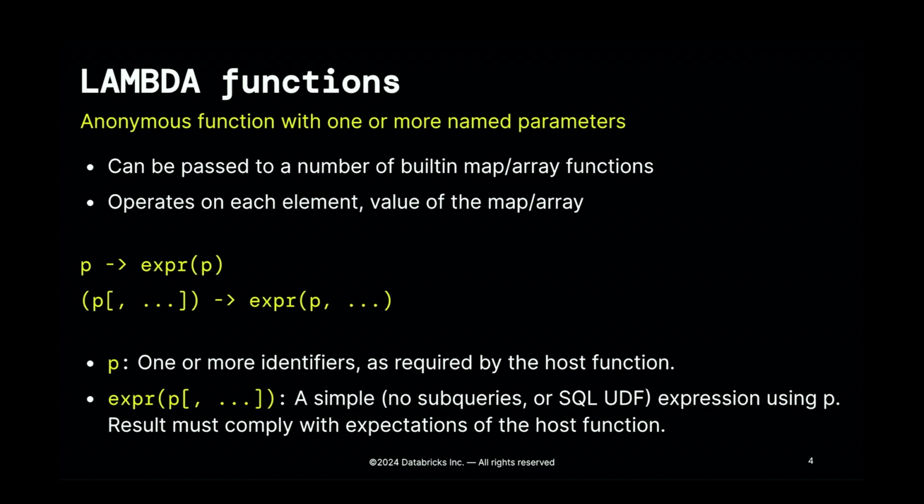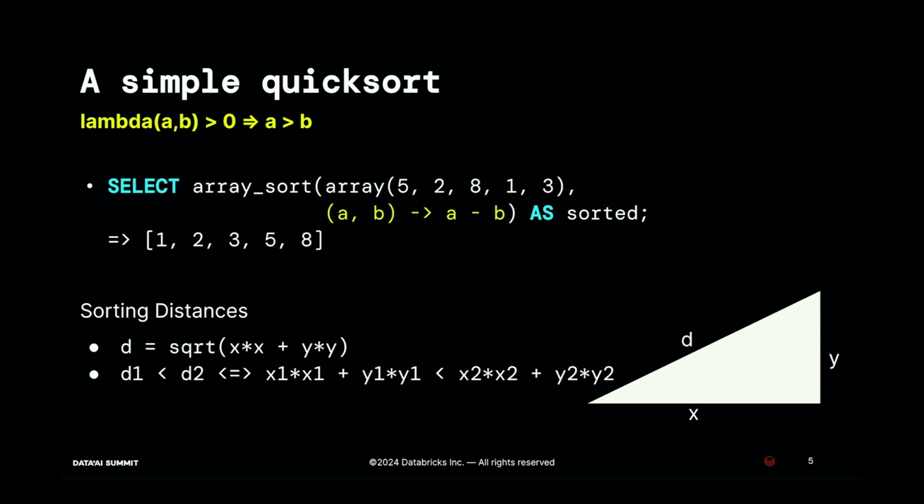In the case of an array sort, we have an expectation that if I have two points A and B, and the result is greater than 0, then A is greater than B. If it's equal to 0, then A is equal to B. If it's less than 0, then A is less than B. So, standard quicksort semantics that you know from your C library.